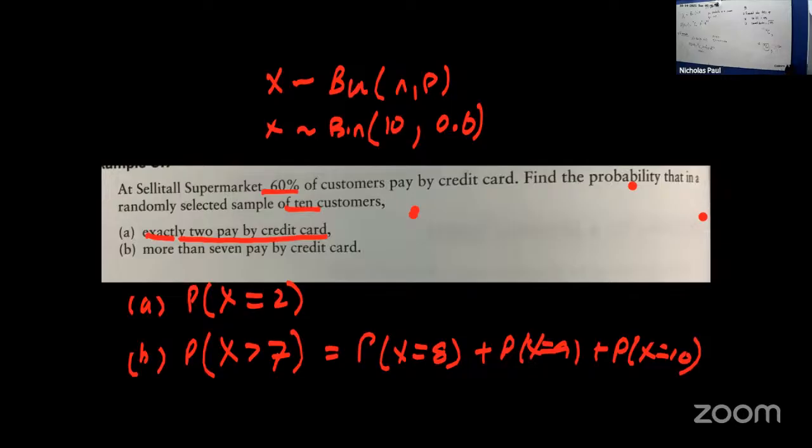Right, you finished the first one? Just to make sure you're doing it right, that'll be 10C2 by 0.6 to the power 2 by 0.4 to the power 8. I got 0.011.